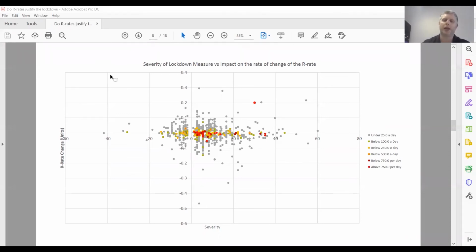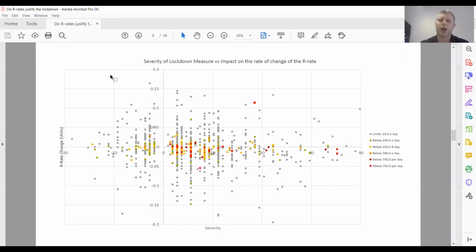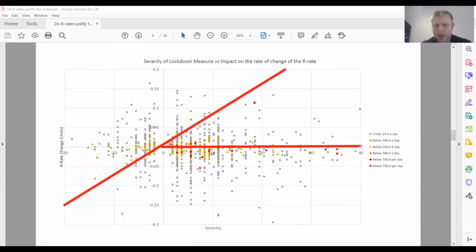Now we can zoom in a bit to have a look more closely. Again, if I draw that expected line based on our expectations of lockdown, it would look like that in this picture. Again, it's really clear. What's interesting is that most things are below that line, but if this is the 0 line, the line of no impact, things are above and below.